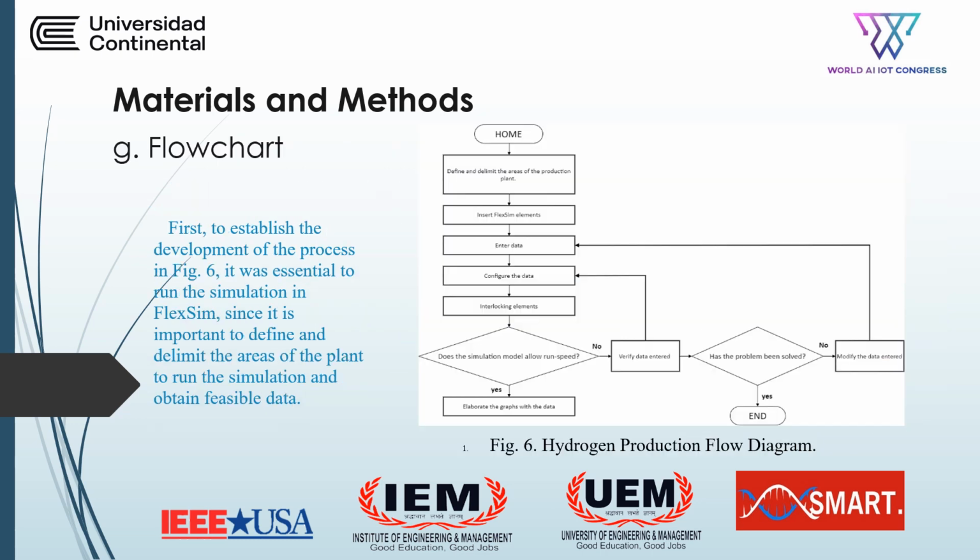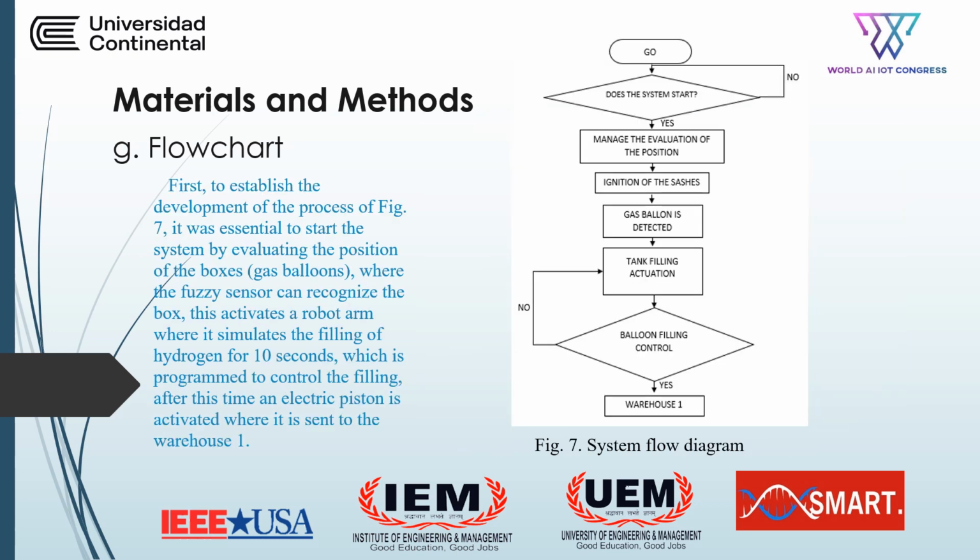Flowchart. First, to establish the development of the process. This is essential for the simulation with run and data. The flowchart: does the system start? A question, and the process is sequential.